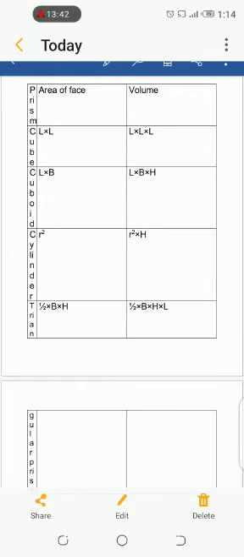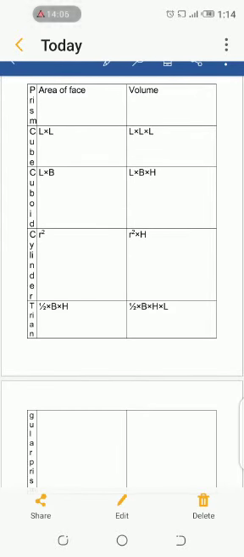Now, let's have a tabular representation of the volume of some of the common prisms that we have. Looking at the cube, the face of a cube is a square. And what is the area of a square? That is length times length.